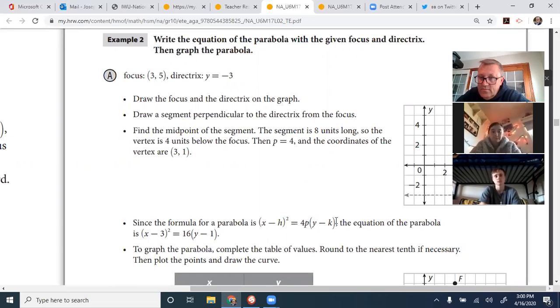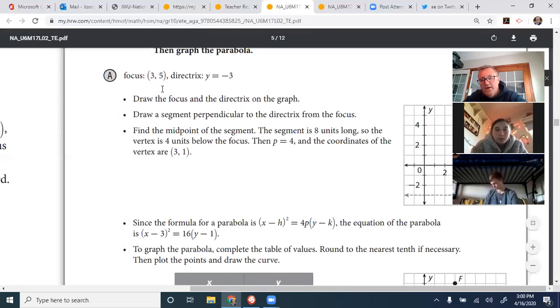Do you see the difference? It's similar to that of a circle, because how far did we move on the H? We moved +3. So here's the H, moved +3. How far did we move on the K? We moved +5. And then why is the p-value 4? Because that's halfway.